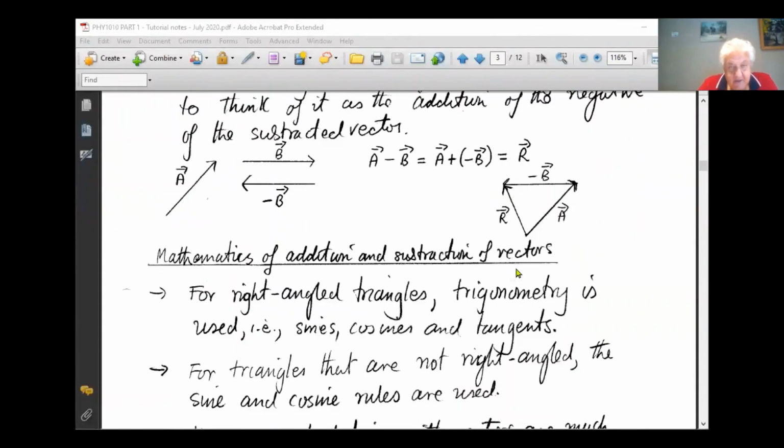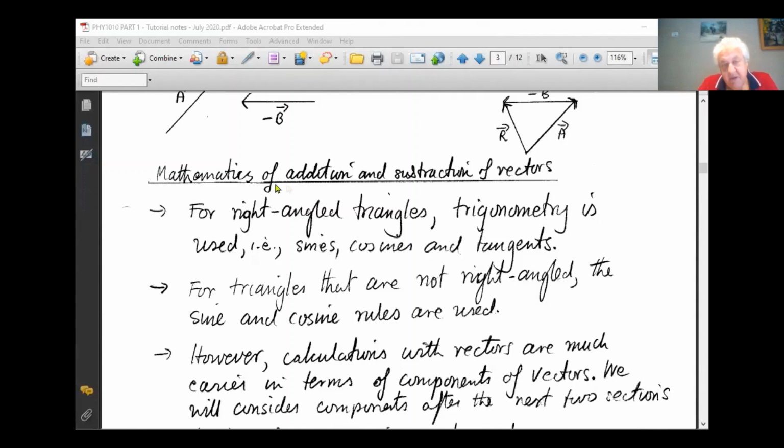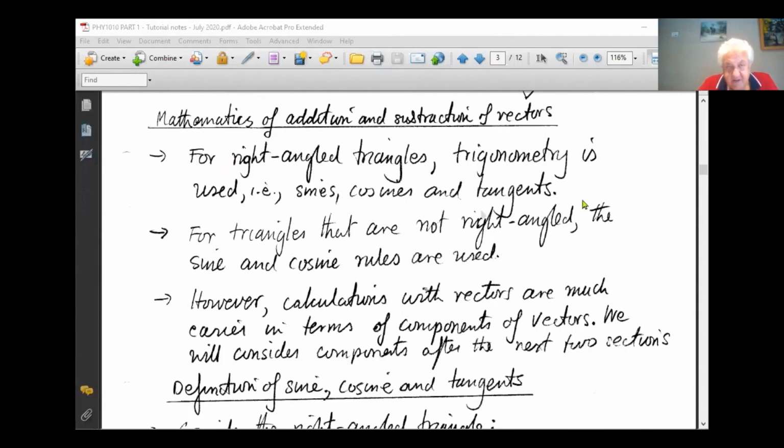Let's go back to my notes. Mathematics of addition and subtraction of vectors. For right-angled triangles, trigonometry is used, i.e. sines, cosines, and tangents. I won't do any examples here.